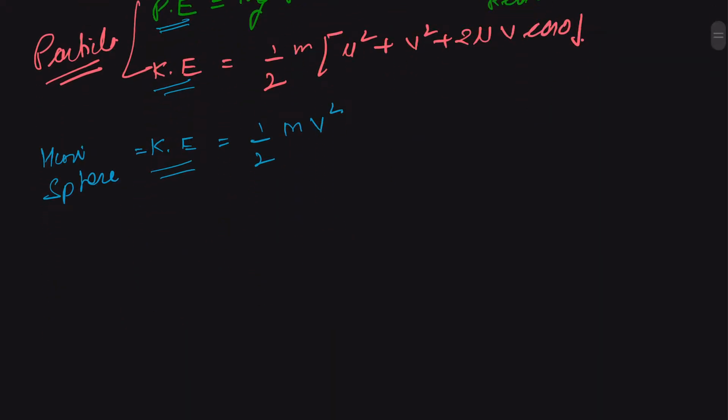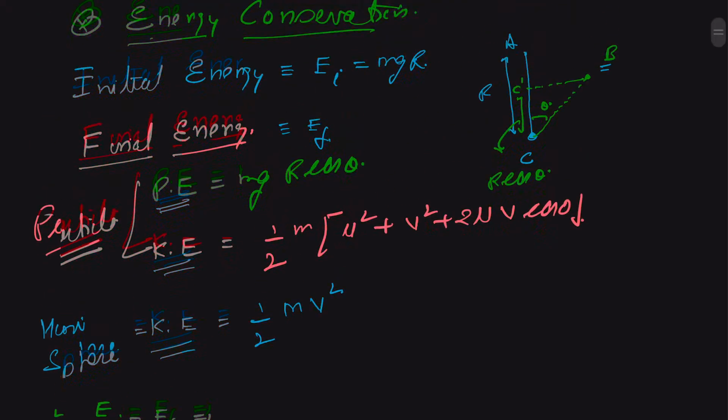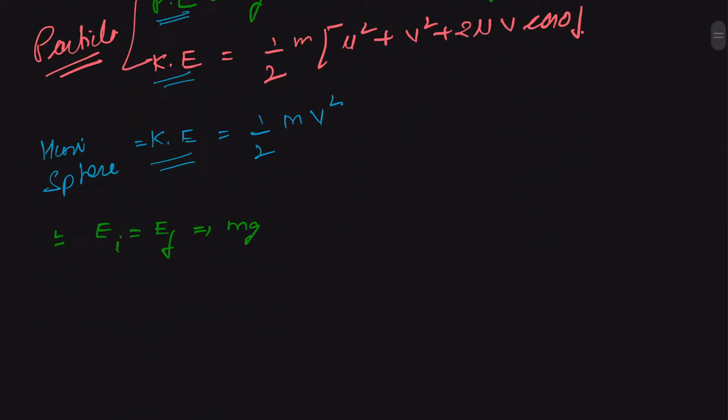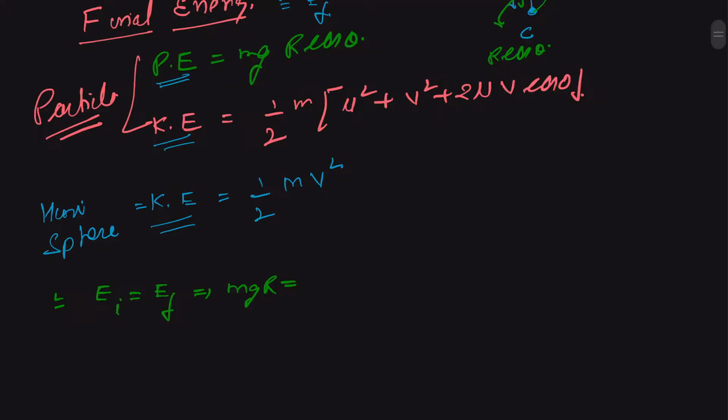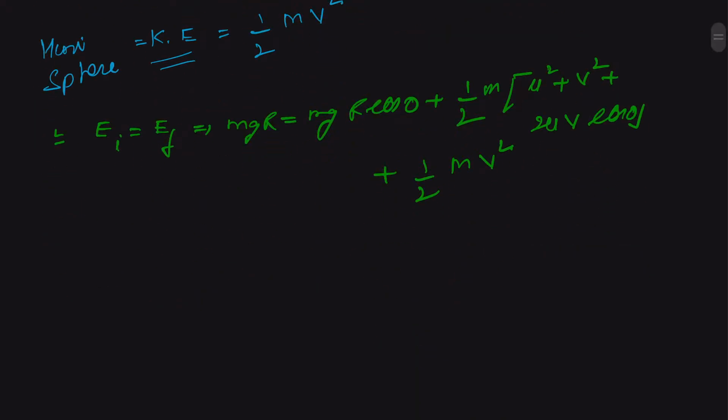So according to conservation, we can write our initial energy is equal to our final energy, which gives us mgr is equal to mg r cos of theta plus half m, u square plus v square plus twice uv cos of theta, plus that of the hemisphere. And we can combine these two terms.